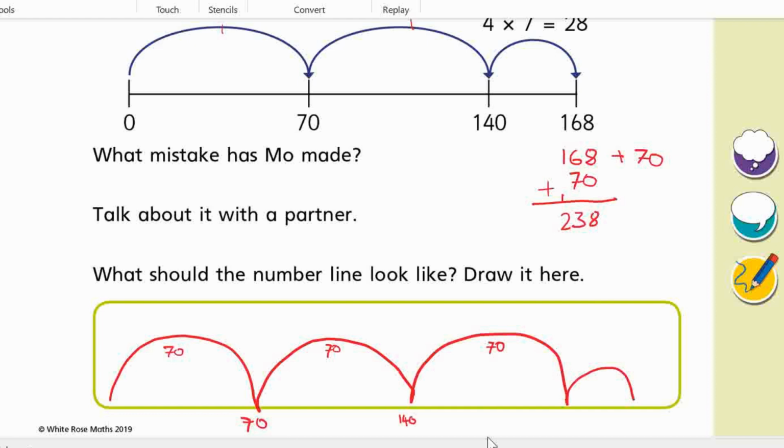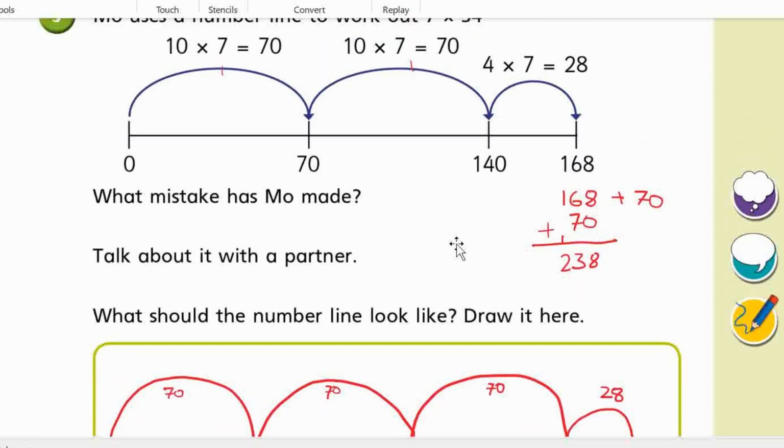And then 140 plus 70, well, 3 times 7. Yes, good. 210. Okay, and then here we add our 28 to 210, giving us 238. Exactly.